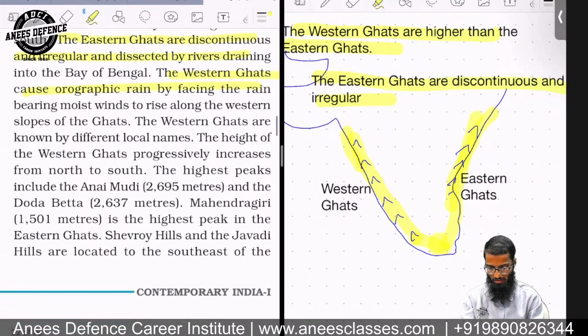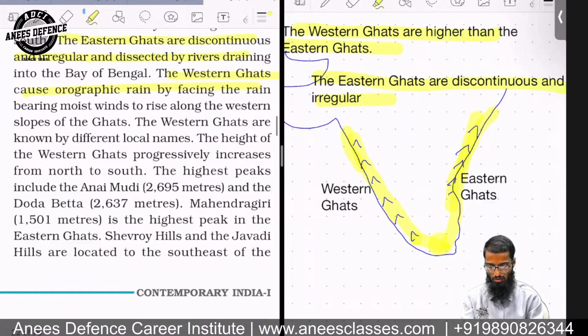The height of the Western Ghats progressively increases from north to south. This line is very important.